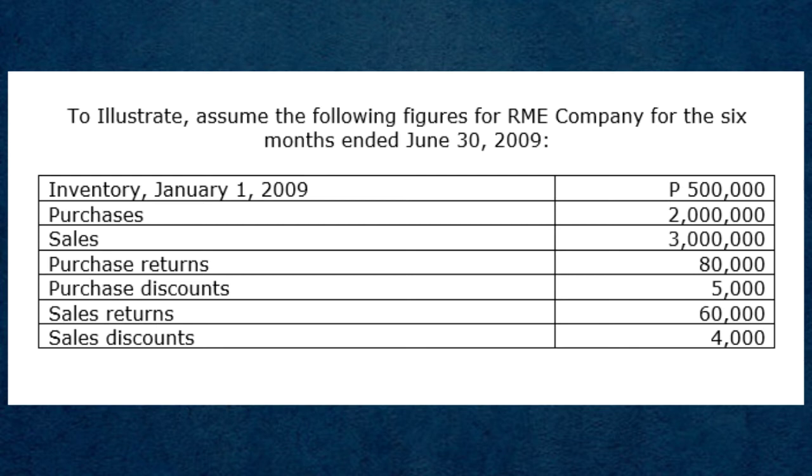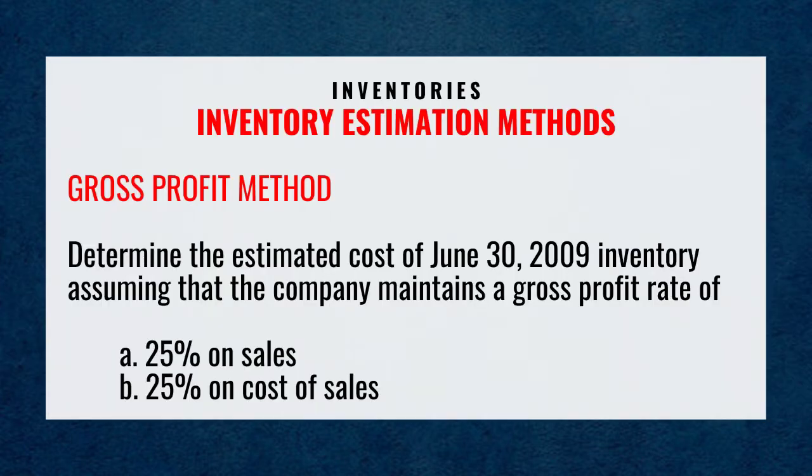Purchase discounts, 5,000 pesos. Sales returns, 60,000 pesos. Sales discount, 4,000 pesos. Determine the estimated cost of June 30, 2009 inventory, assuming that the company maintains a gross profit rate of A, 25% on sales, or B, 25% on cost of sales.